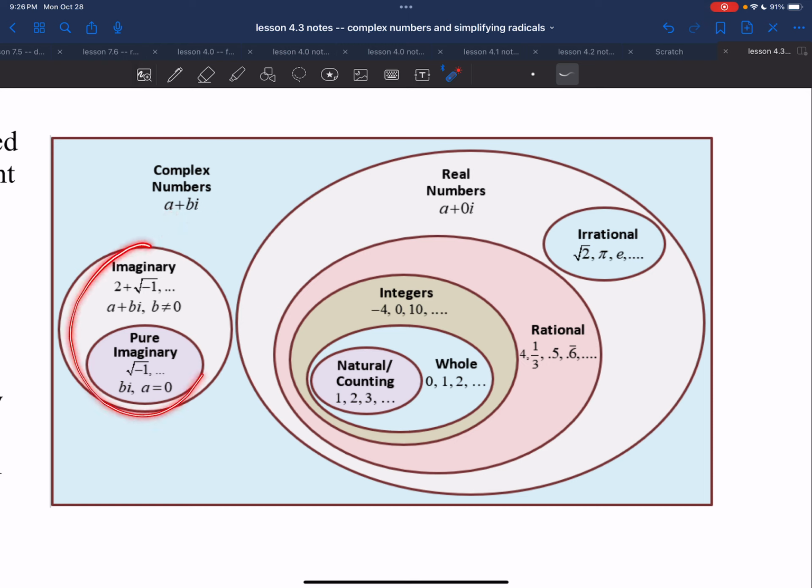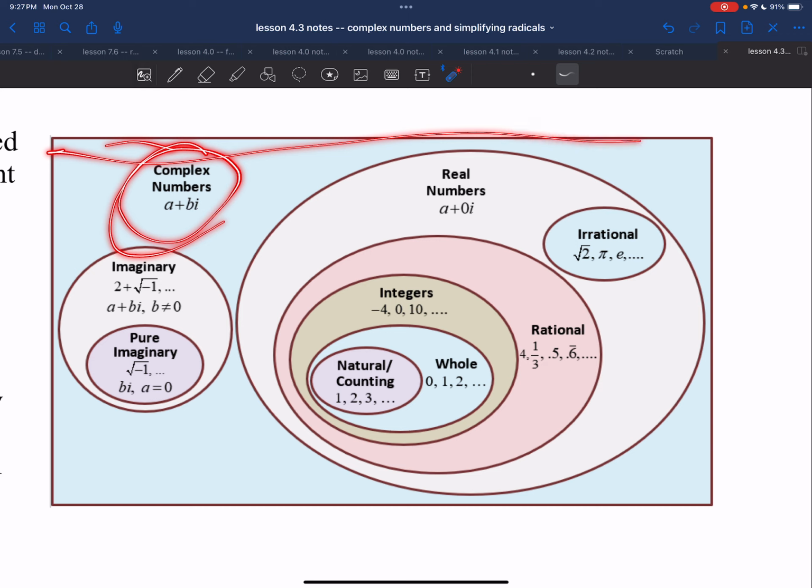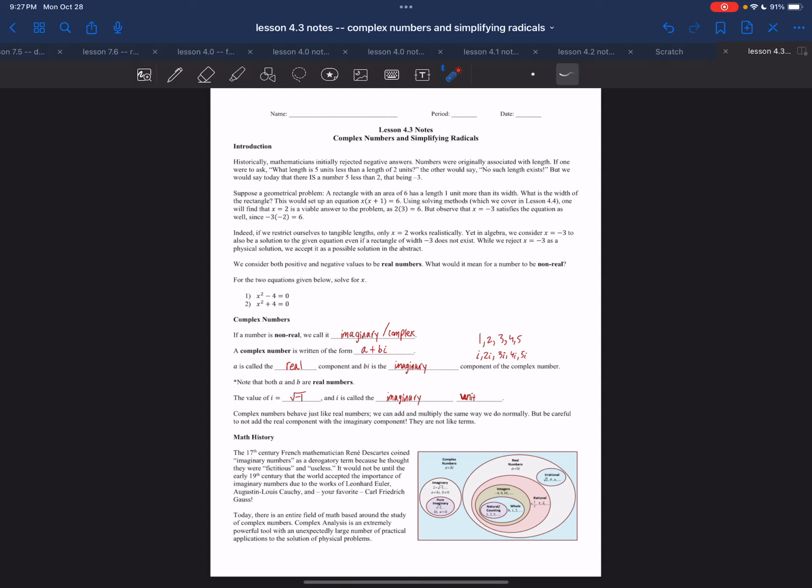Imaginary is just this idea of, there's my imaginary number there, 2 plus root negative 1. But complex numbers are everything. They're kind of like the same thing, but imaginary is different from real. So there it is.